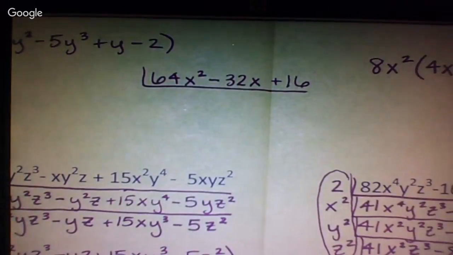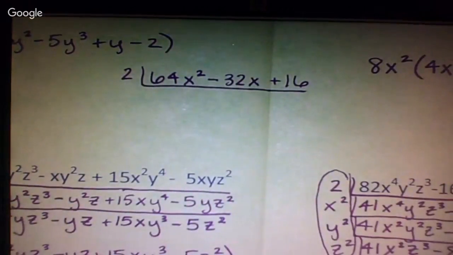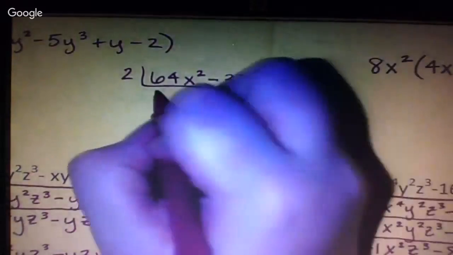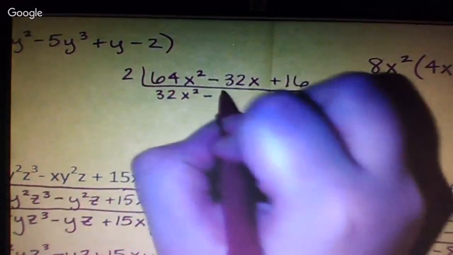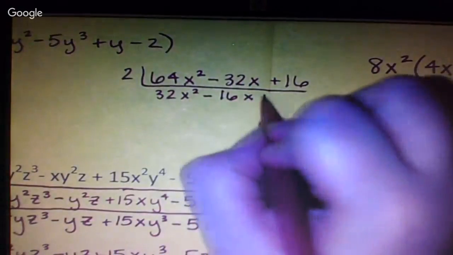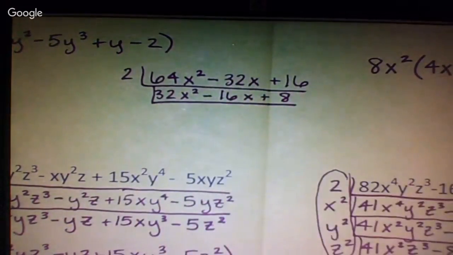I want you to have an example of how to do this if you can't find the biggest number at first. We know these are all even, so we can divide by 2. That leaves me with 32, 16, and 8.